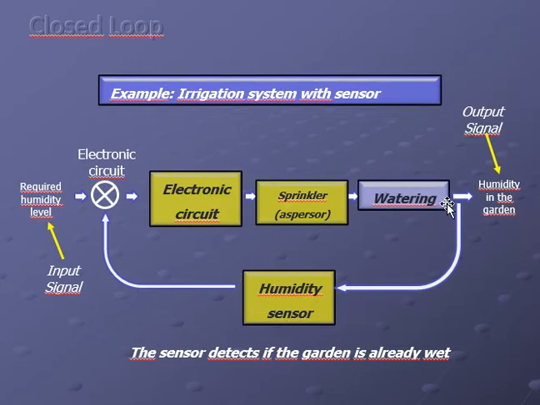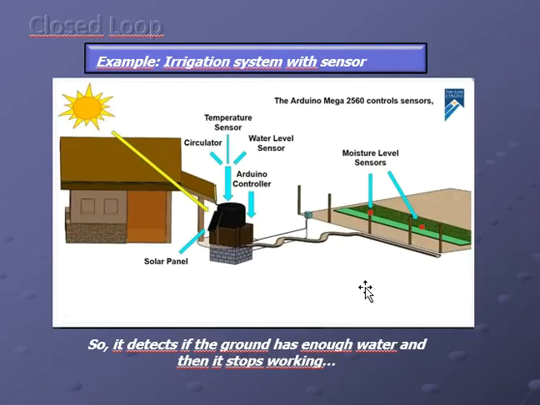We have the watering. In the environment, what we have is water. The humidity sensor is sending this information to an electronic circuit, which compares it with the required humidity level, and depending on how humid the garden is, it will activate the sprinkler or stop it. So it's a smart system.